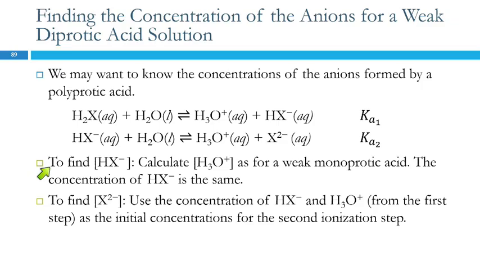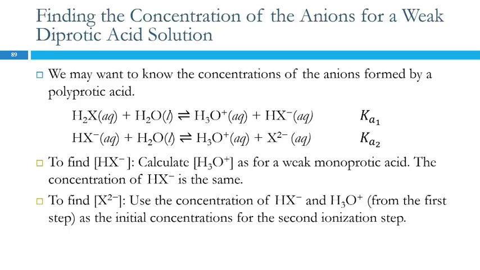So for the first ionization, you're going to calculate H3O plus like you would for a weak monoprotic acid. The concentration of HX minus is the same. You're going to do an ice table, and the answer will be in the ice table. Okay? Then the second one, this is what we did for the sulfuric acid and what we did unnecessarily for the other one, where we take the second thing.